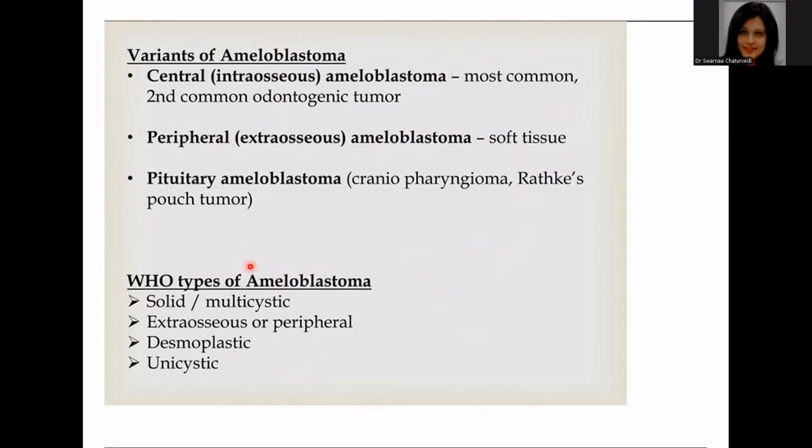Third is the pituitary ameloblastoma, that is craniopharyngioma, Rathke's pouch tumor. Now, WHO has classified ameloblastoma into four: solid or multicystic, extraosseous or peripheral, desmoplastic, and unicystic. The most common one we find is solid or multicystic.